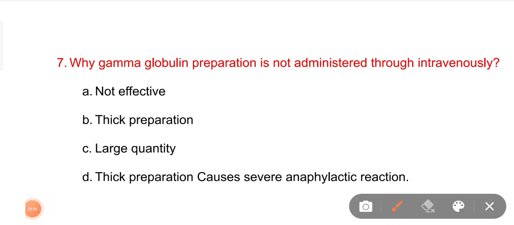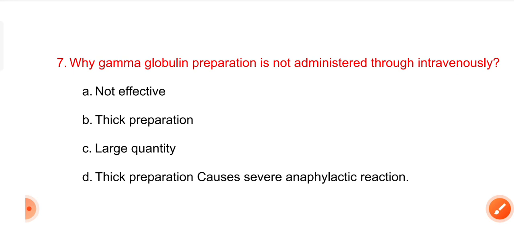The right option is option D. It has a thick preparation, meaning consistency, and it causes severe anaphylactic reaction. Anaphylactic reaction is nothing but antigen antibody reaction.